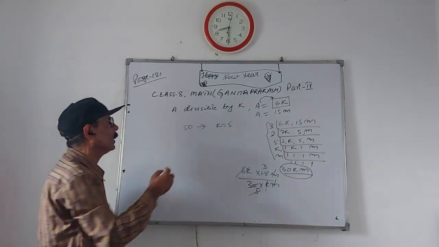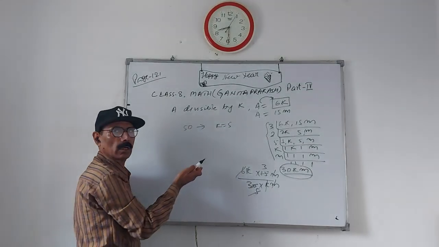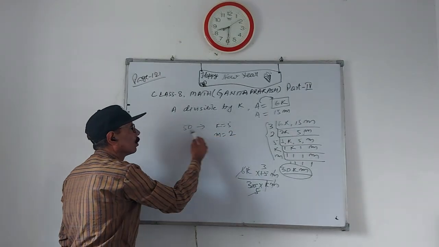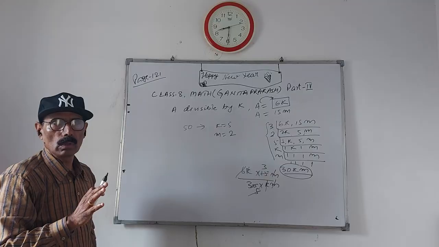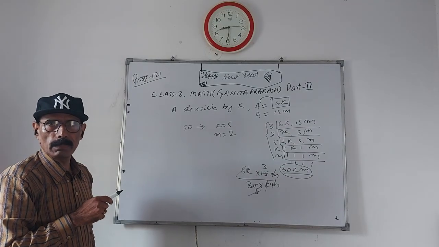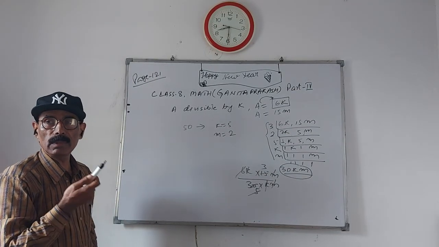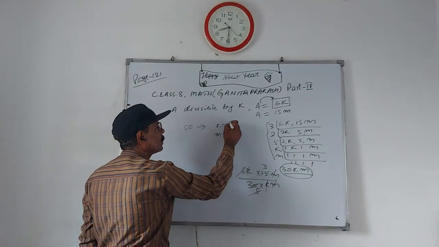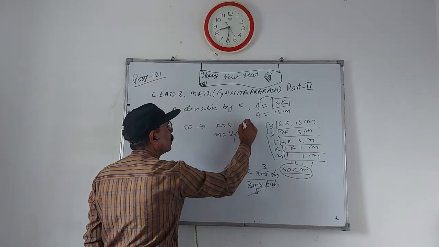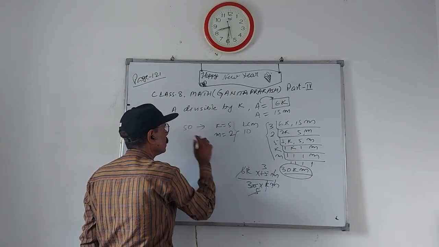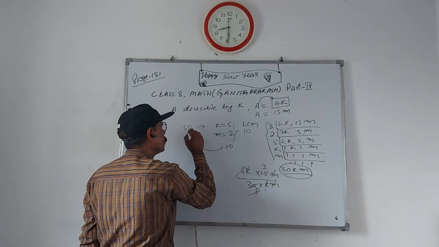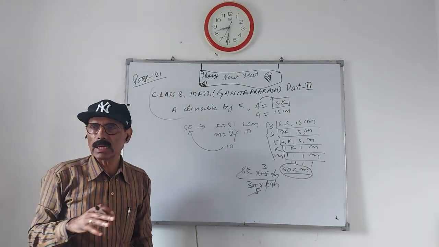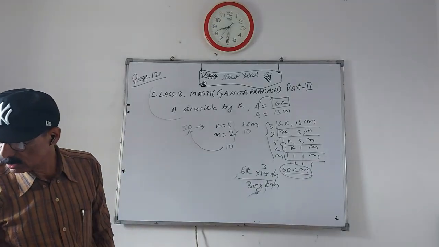Again A is divisible by M, that means another factor of 50, so 2. 5 is also dividing 50, and 2 is also dividing 50. That means the LCM of 5 and 2 means what? These are co-prime, so the LCM of these two numbers is 10. So this is divisible by 10 also. This is the statement. A question like this may be asked in true, false, or fill in the blanks. Okay? Understood?